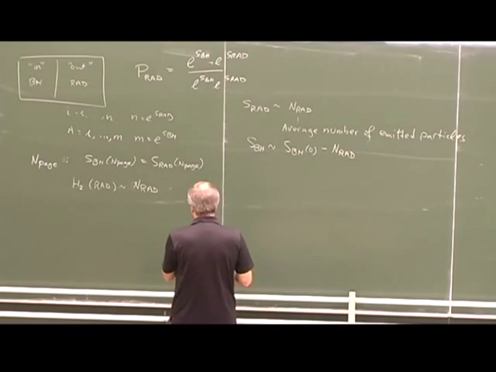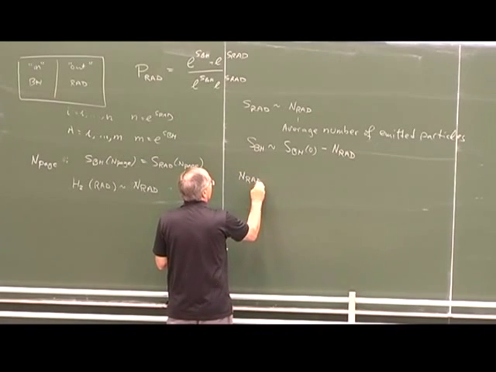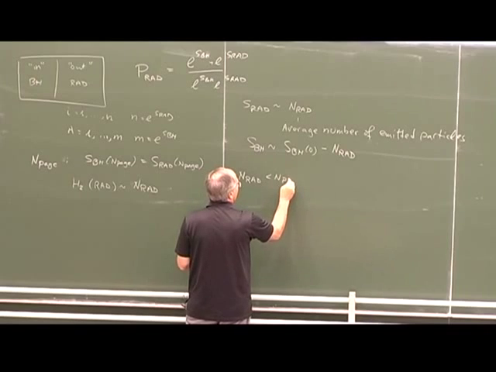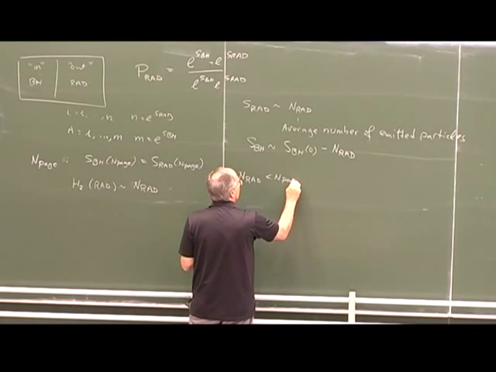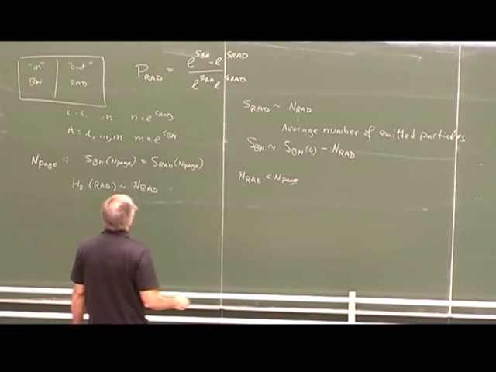So in this case, we can see that if n_rad is less than n_page, this is a little calculation that we did already last time, but let me repeat it.